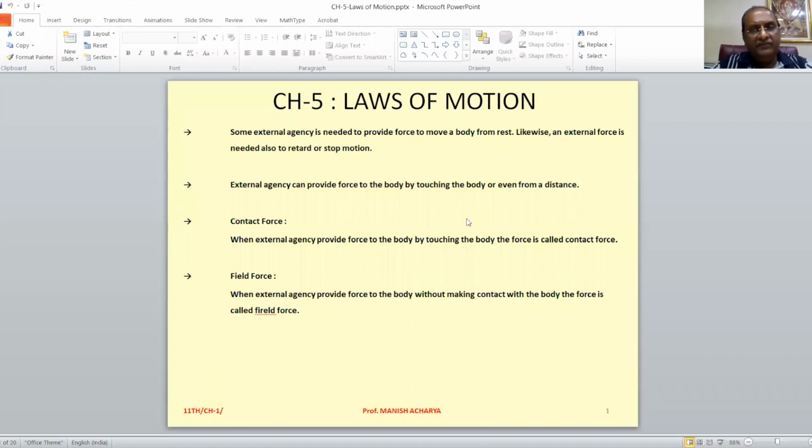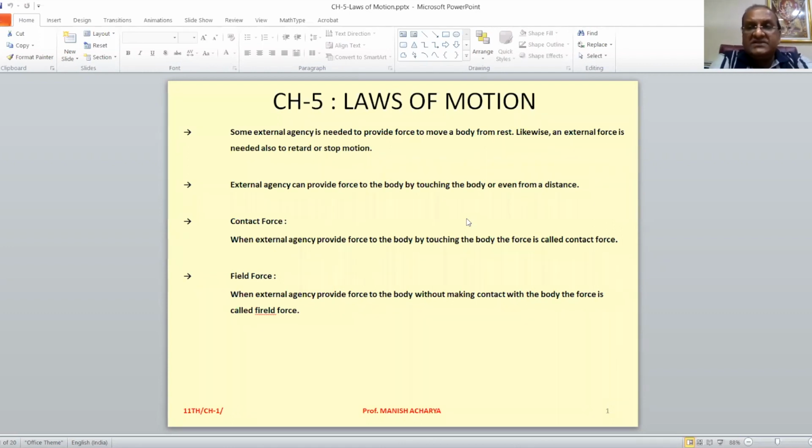Now, again, chapter 5, laws of motion. So, in our day-to-day life, we experience this whenever we want to change the state of motion of a body.